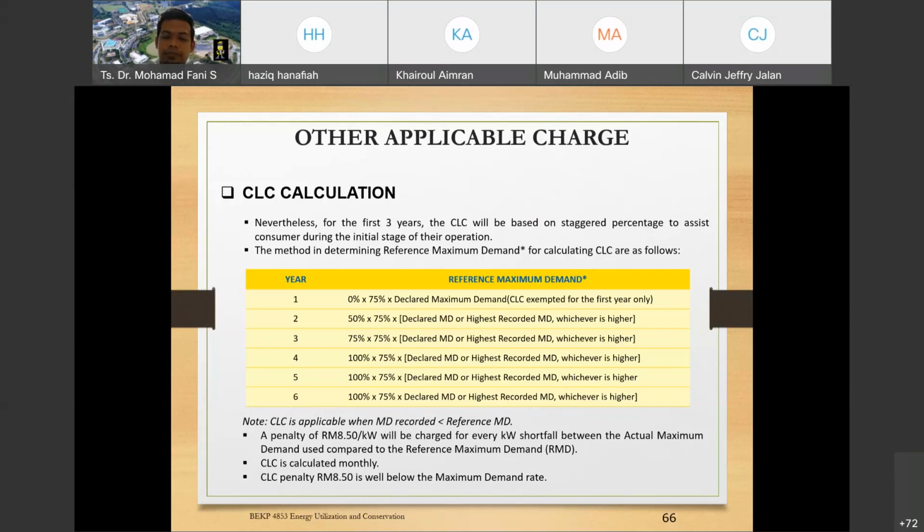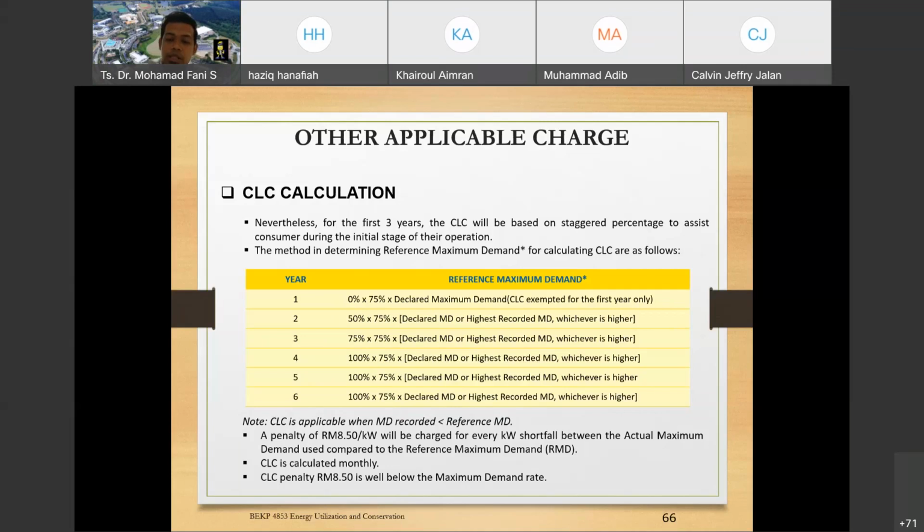Second year, at least 50% multiplied with the 75%. 75% will be the reference, multiplied with the declared maximum demand or the higher recorded MD, whichever is higher. So if the declared maximum demand is 5,000 and the achieved maximum demand to date is more than that, you need to use the higher value of the recorded maximum demand.